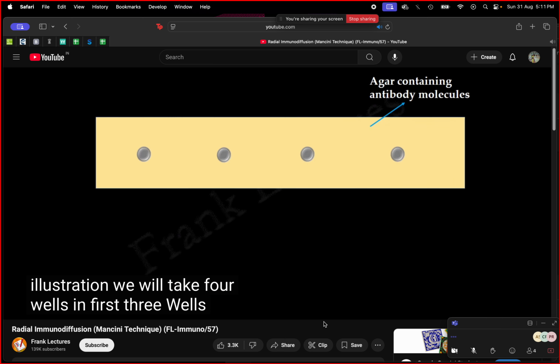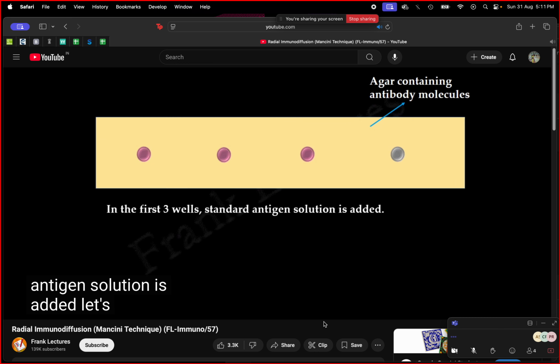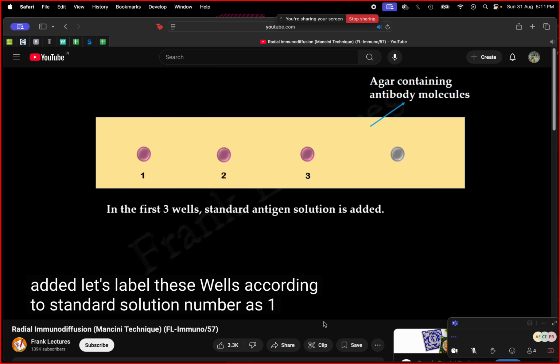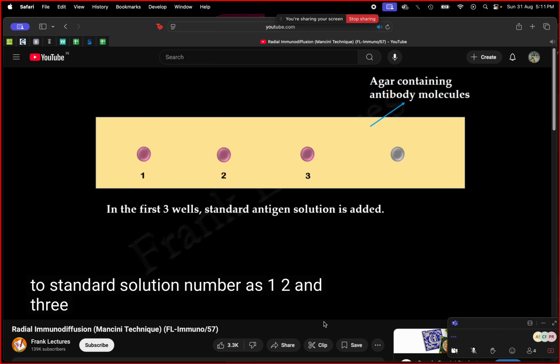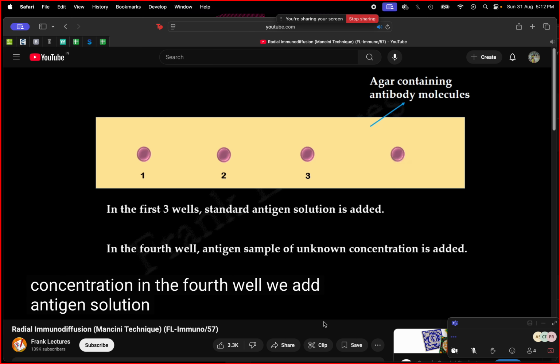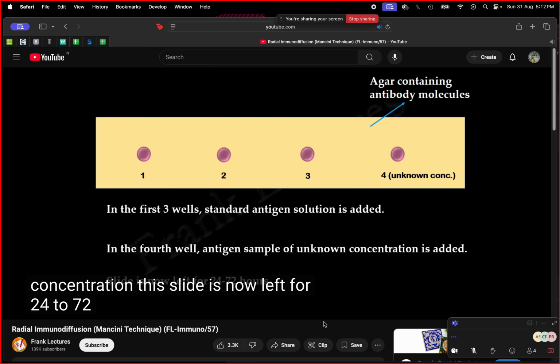In first 3 wells, standard antigen solution is added. Let's label these wells according to standard solution number as 1, 2, and 3. Recall that standard antigen 3 has maximum concentration. In the 4th well, we add antigen solution of unknown concentration. This slide is now left for 24 to 72 hours.